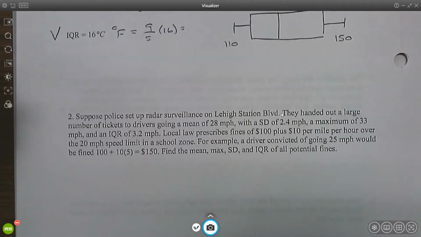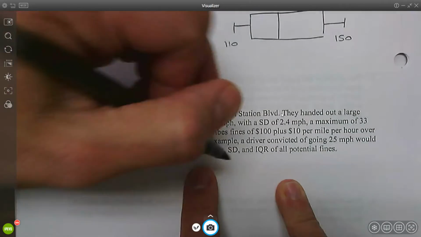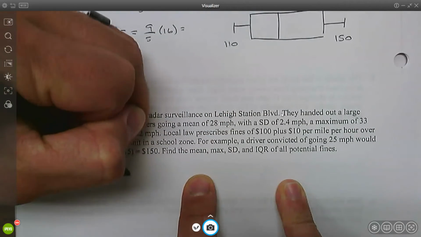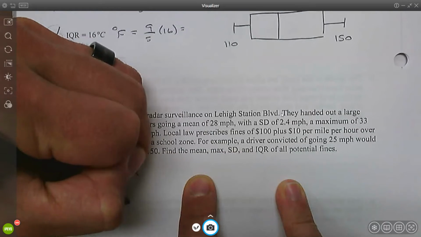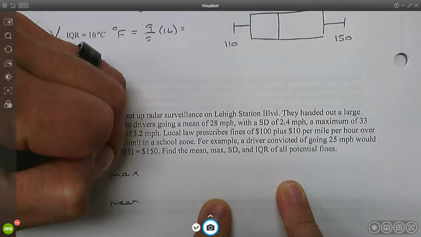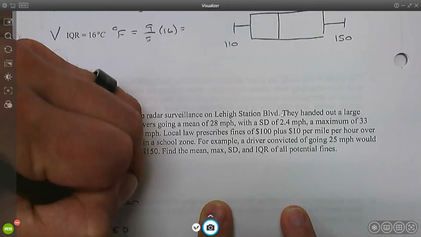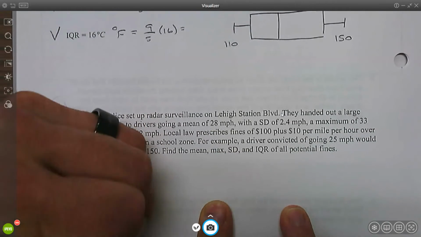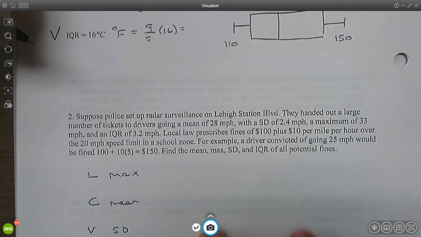So we have fines for speed limits, and they want to find the mean, the max, the standard deviation, and the IQR. So max is a measure of location, mean's a measure of center, standard deviation and IQR are measures of variability.